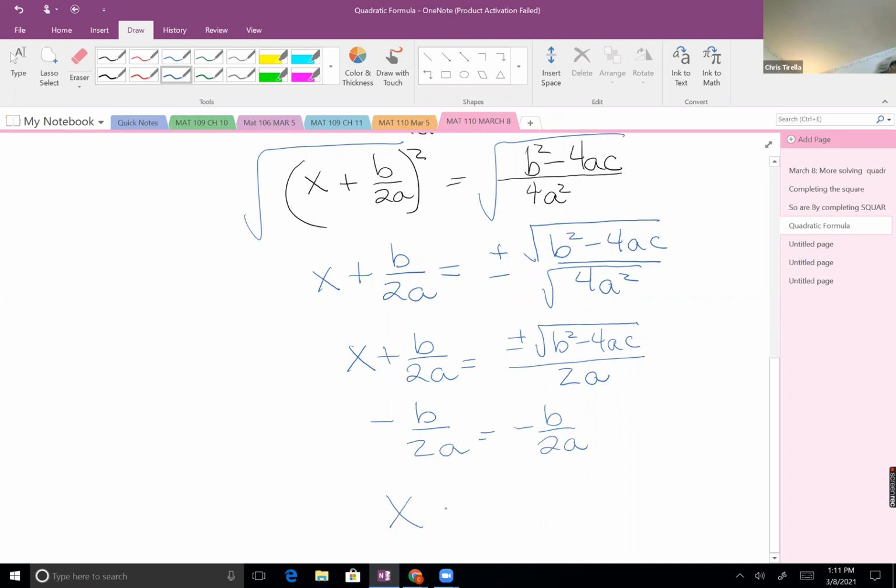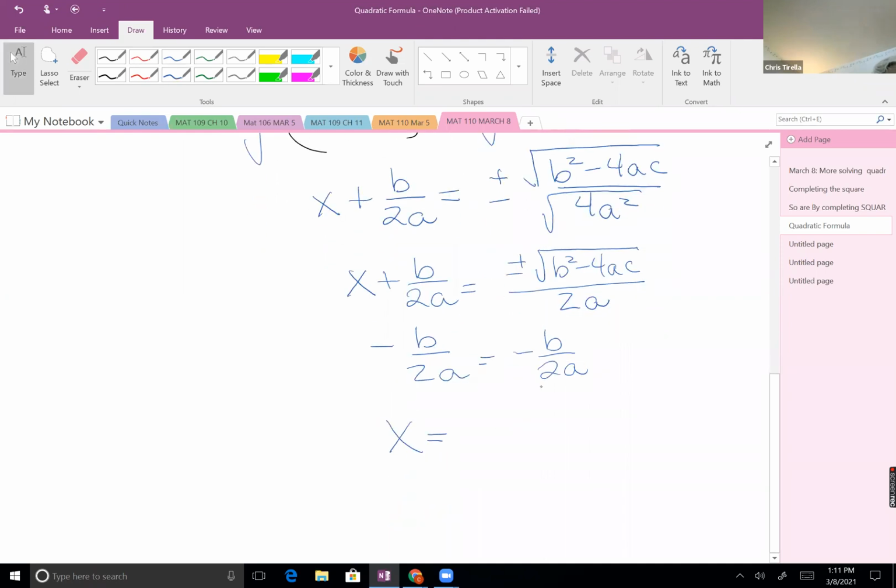And because on the right I have a common denominator of 2a, I get x equals negative b plus or minus the root of b squared minus 4ac all over 2a.